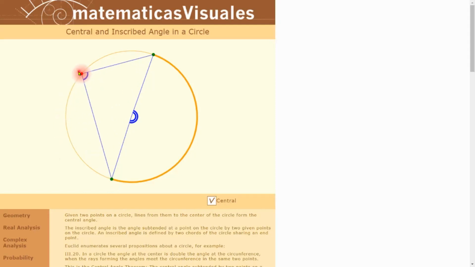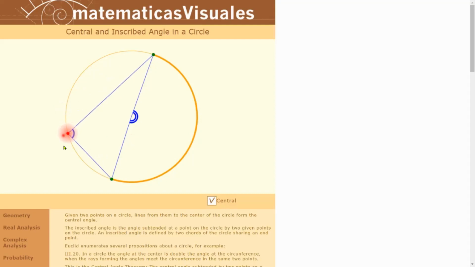The reason it's not changing is because as I drag this, it's still connected to this point, which in our picture is, let's say, Q, and to this point, which in our picture was R. So this, which was 180 degrees, doesn't matter where I drag this to, since it's forming that intercepted arc of 180 degrees and it's an inscribed angle, it's always going to be half. And you can see that this is 90 degrees.